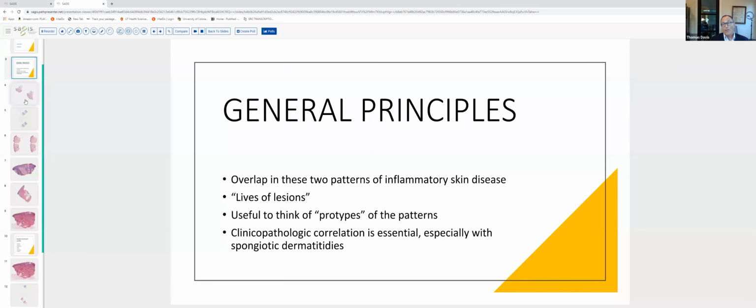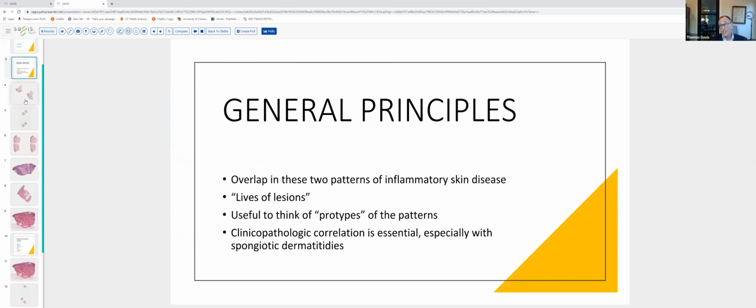On the other hand, psoriasiform dermatitis are characterized by epidermal hyperplasia. Psoriasis is the prototype, and so the term for the entire group of disorders that tends to be applied is psoriasiform. And most of the conditions that demonstrate psoriasiform epidermal hyperplasia clinically present as papulosquamous dermatitis.